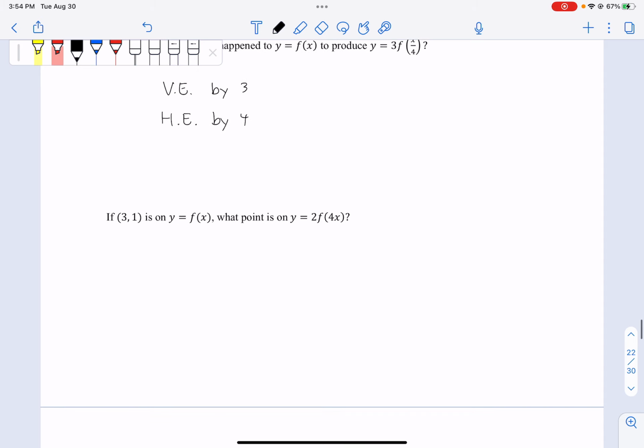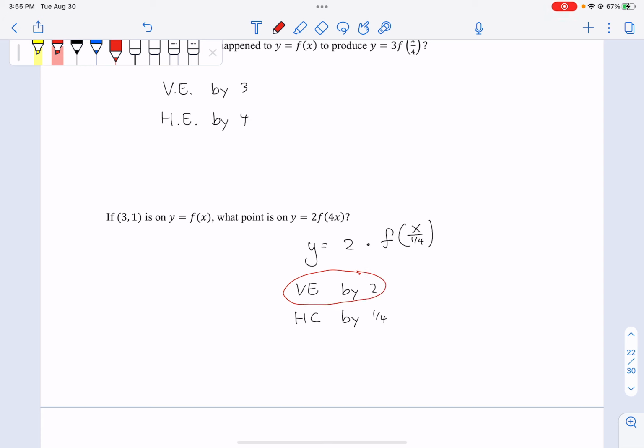Moving on, let's say 3, 1 is on y is equal to f of x. What is the point of this? y is equal to 2f of 4 times x. So rewrite this as y is equal to 2 times f of x over 1 over 4. So we know this is a vertical expansion by 2 and a horizontal compression by 1 over 4.